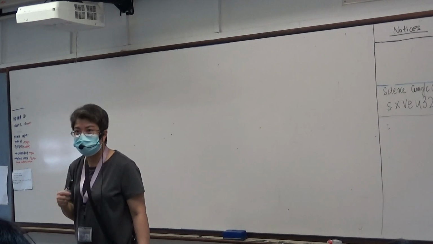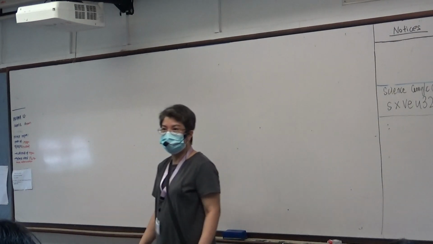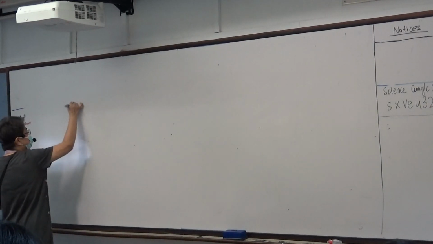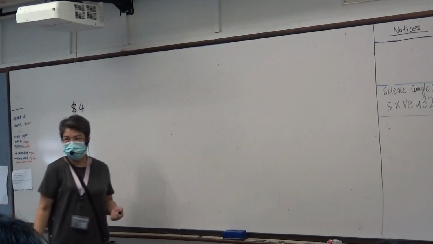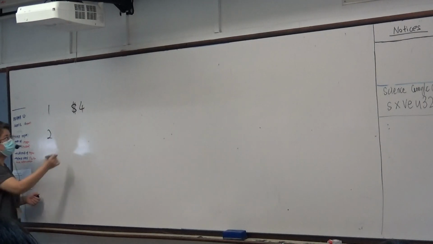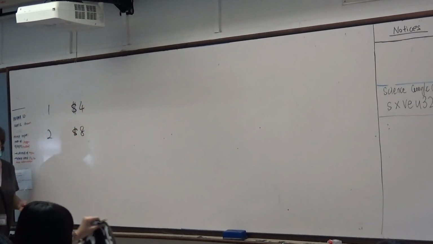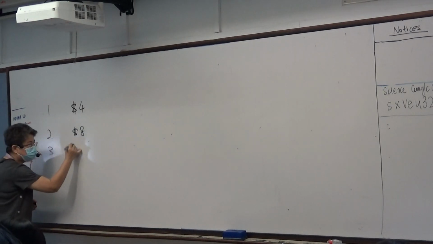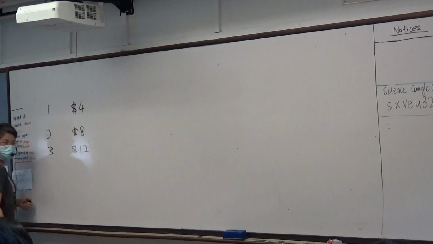Now, actually there's nothing to fear about Algebra. Look at what I'm going to introduce to you. Let's say 1 plate of chicken rice is $4. How about 2 plates? $8. How do you get $8? 4 times 2, right? What about 3 plates? $12.